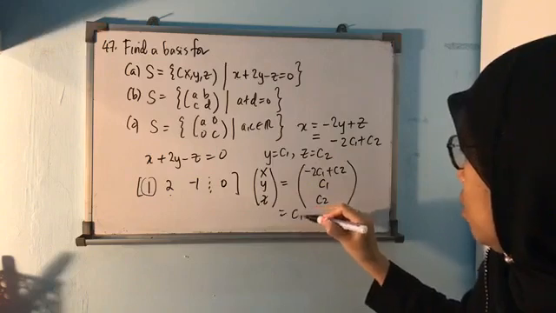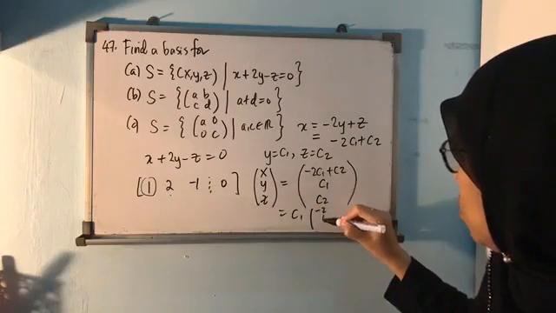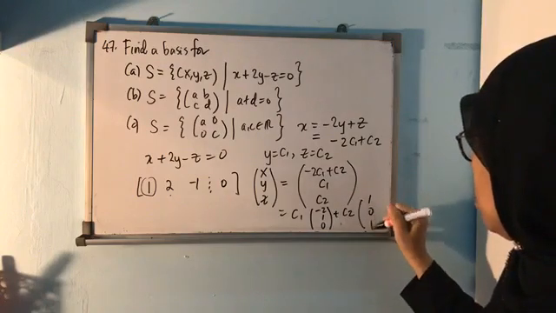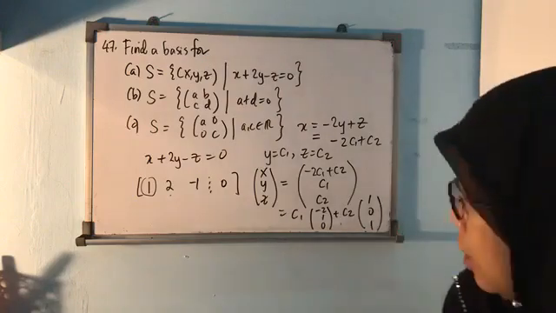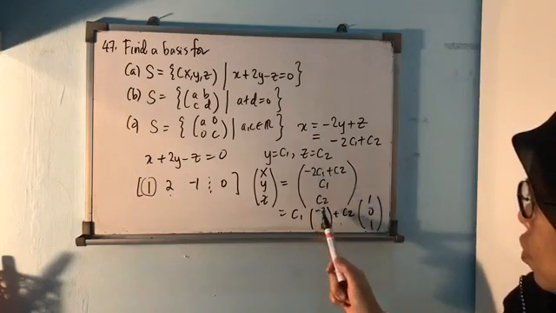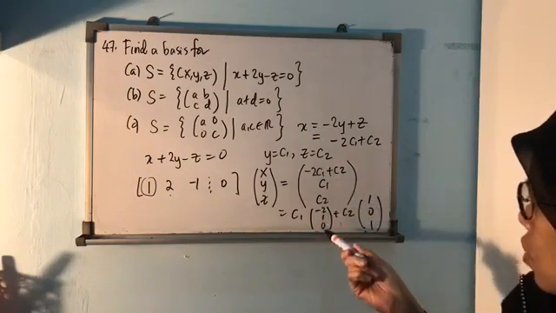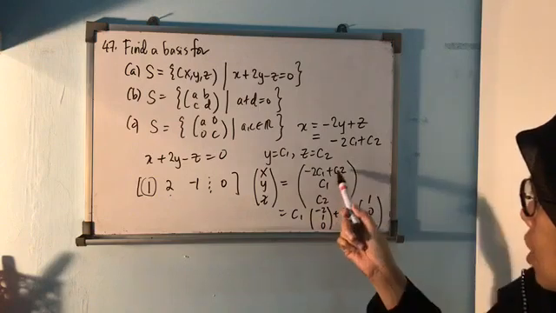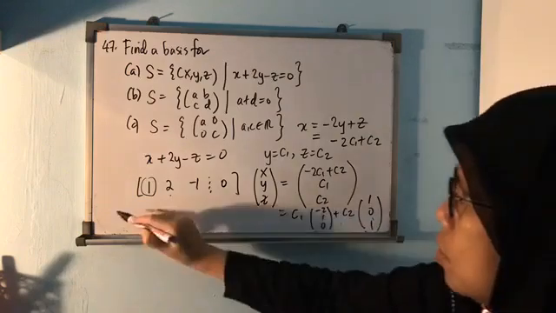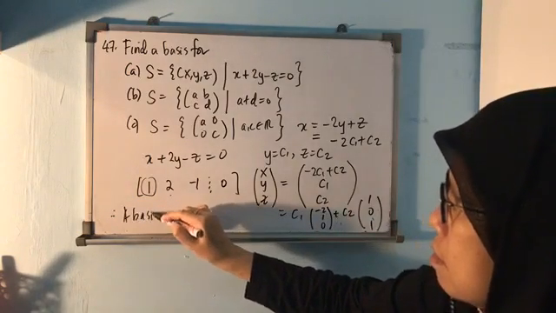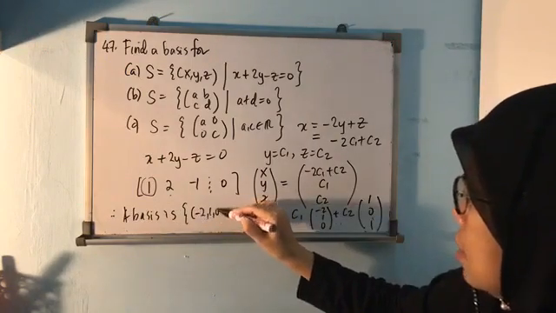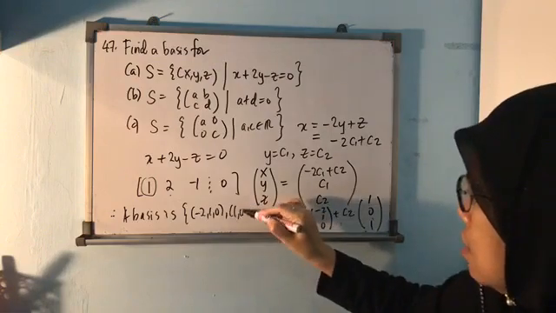Then when you take out C1, you get negative 2, 1, 0, plus you take out C2, 1, 0, 1. Okay, so take the coefficient. Take out C1, you get negative 2, 1, there is no C1, so it's 0. Plus, take out C2, 1, no C2, 0, C2, 1. So, a basis is negative 2, 1, 0 and 1, 0, 1.